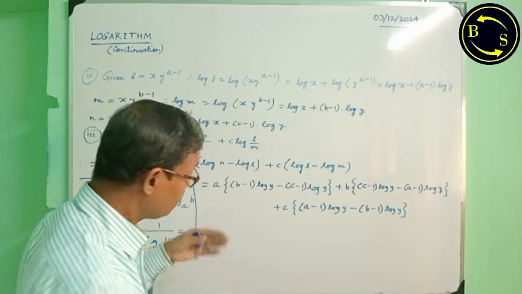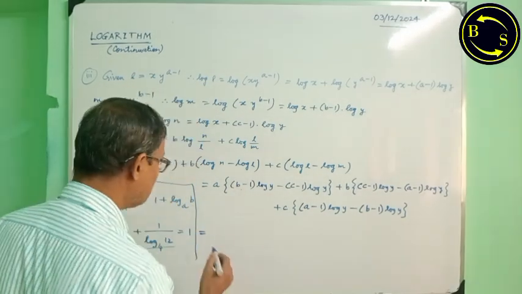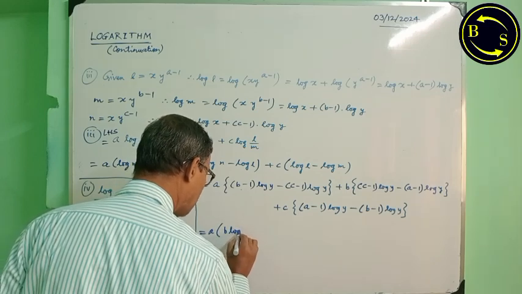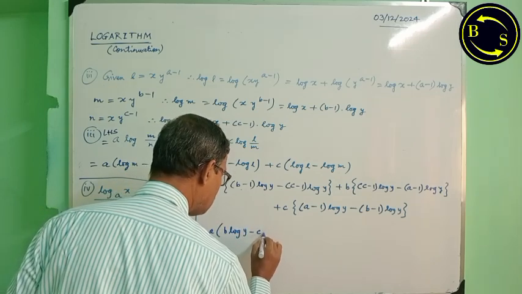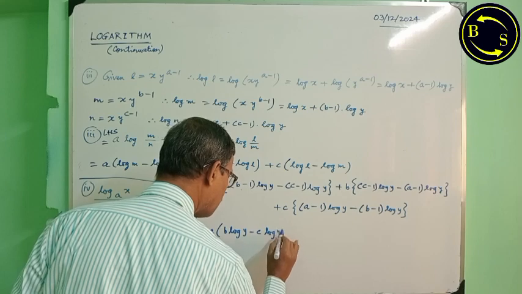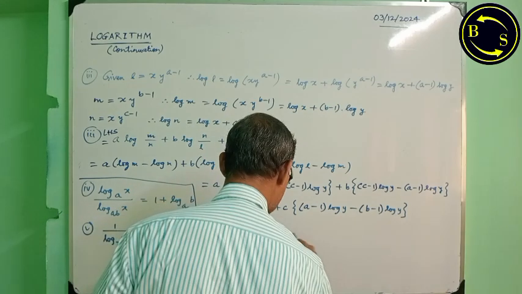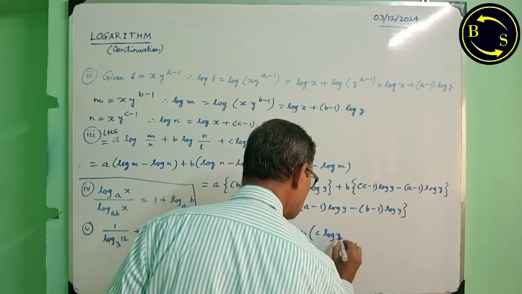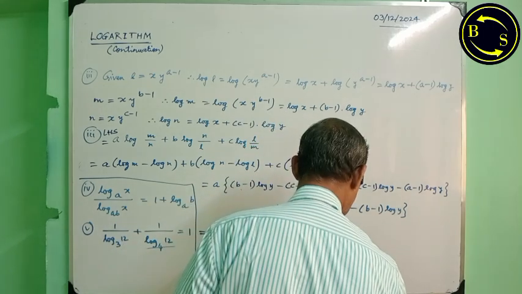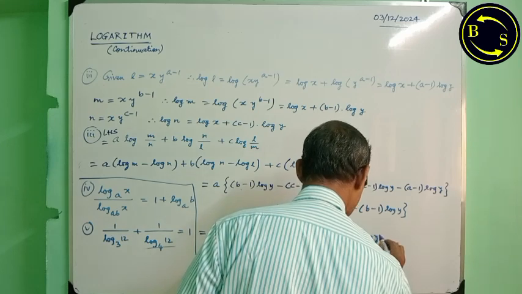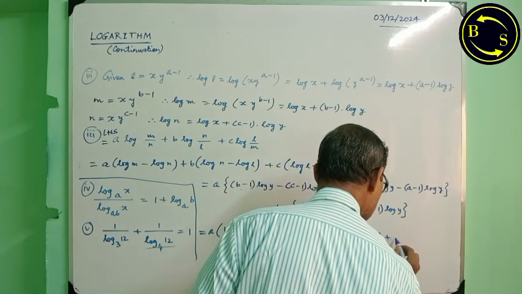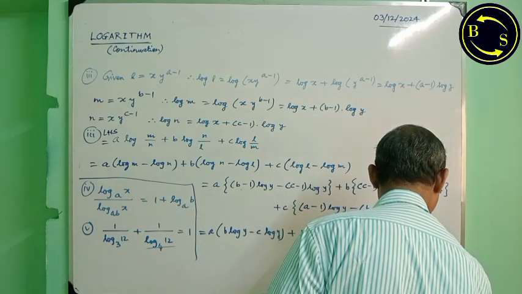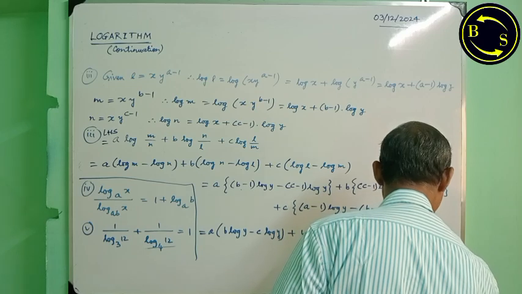Therefore, we just skip that step. b log y minus c log y plus bc log y minus a log y plus c into a log y minus b log y.